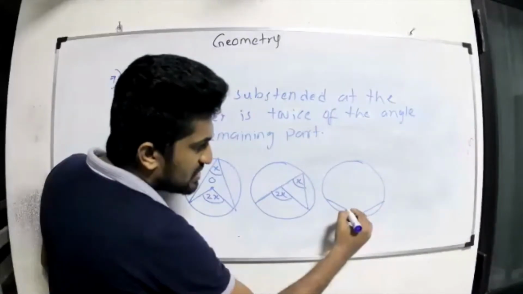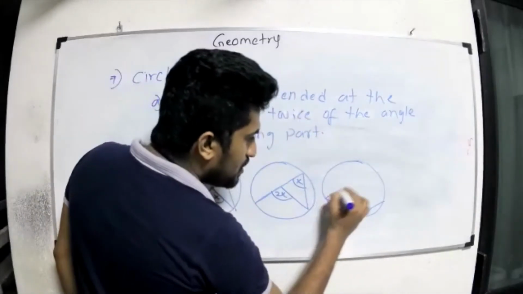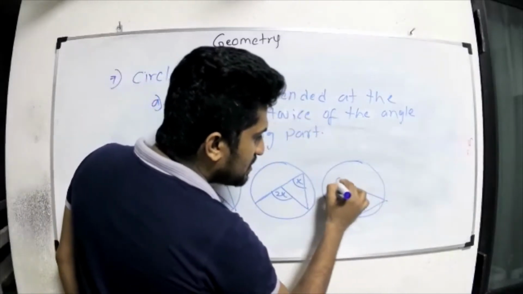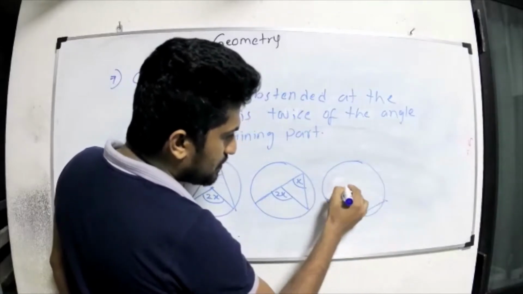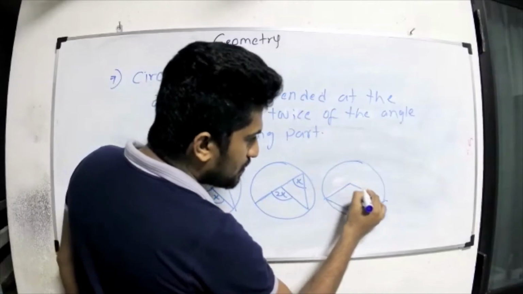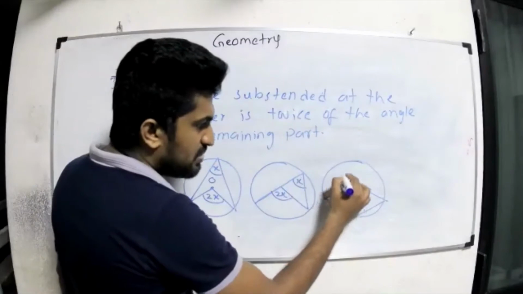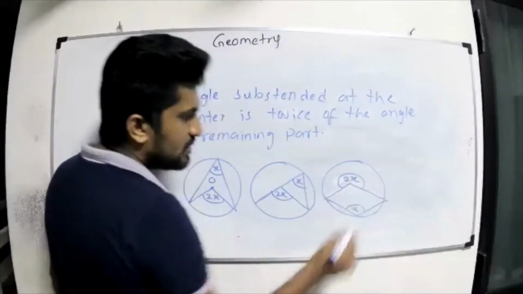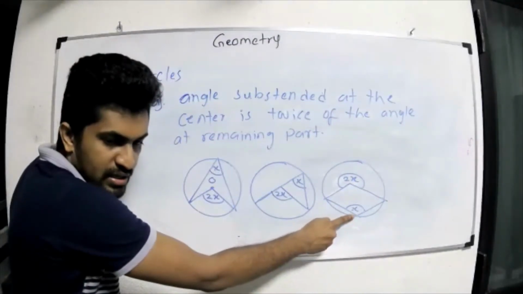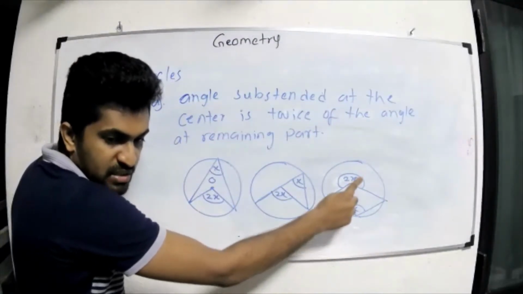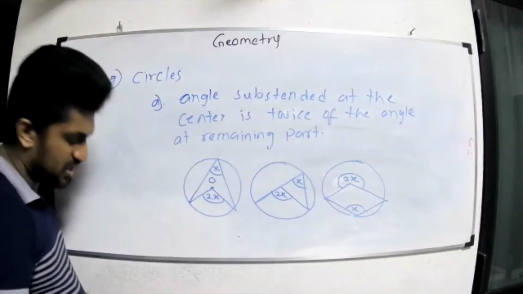If this is the angle subtended at the remaining part, and this is x, then the angle subtended at the center is this reflex one. This is 2x. Got it, my dear kids? If this is the angle subtended at the remaining part, then twice of this is the reflex one, not the interior one. Keep these 3 figures in your mind.